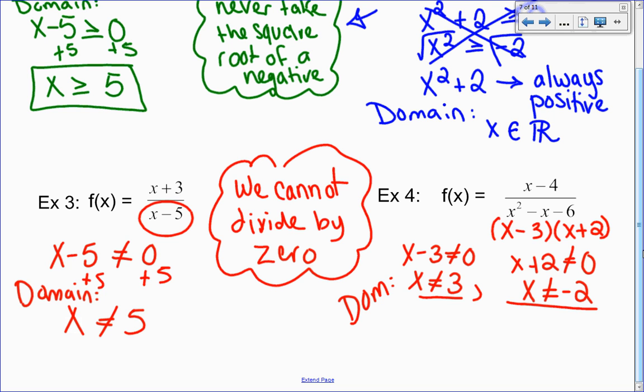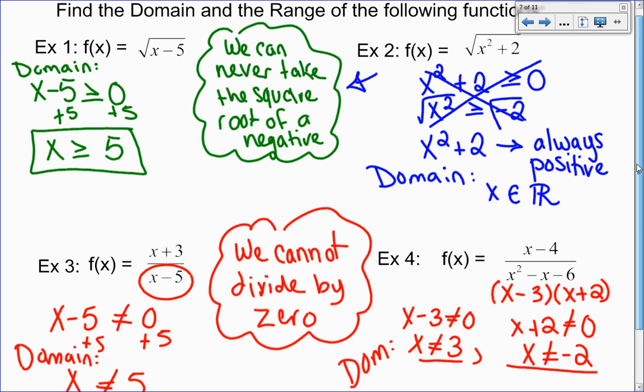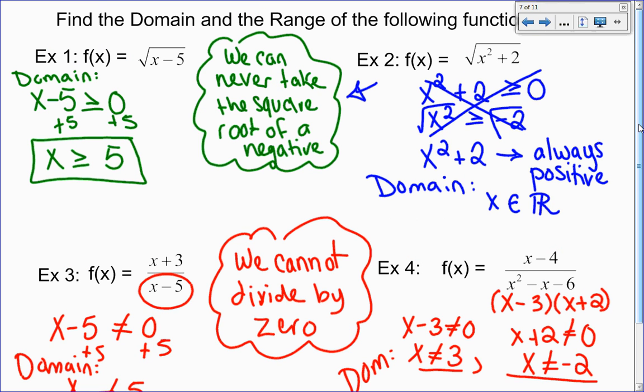Okay, as far as range goes, so finding range algebraically, there's some different strategies you can take. We'll look at least one. So domain we found in this first example here, right?